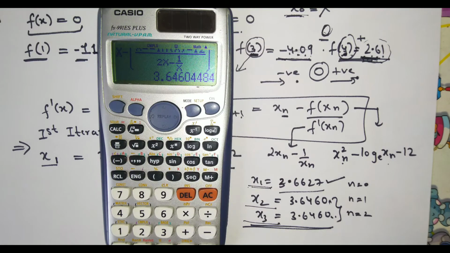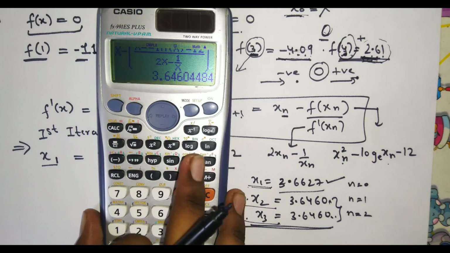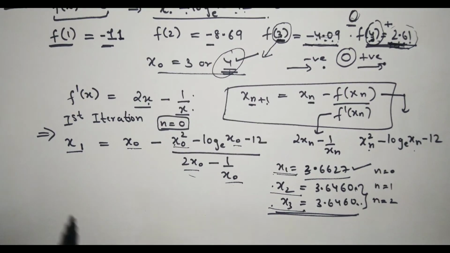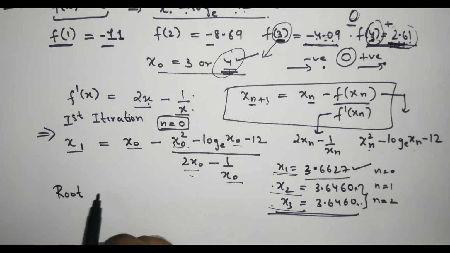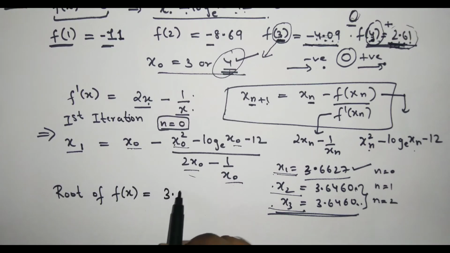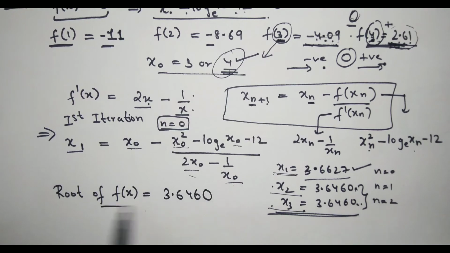When you do this, I'm getting the same values in the second and third iterations. You have to stop the process here. Okay, remember it. So what is the real root here? The real root is nothing but the root of f of x. I can write it as the root of f of x is equal to 3.6460. So this is the final answer.